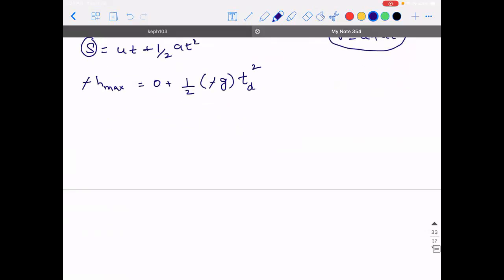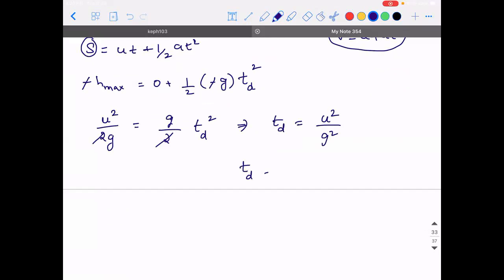But what is the magnitude of H max? It is u square divided by 2g, is equal to g by 2 into td square. So 2 and 2 will get cancelled, which implies td square is equal to u square divided by g square. Then the time of descent will be u by g.